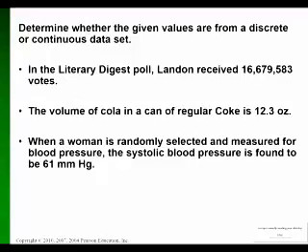I've never taken anybody's blood pressure. I've had it done. I've seen the needle go somewhere and stop. That needle, even the very motion of the needle, can't just stop here or here or here. It can stop anywhere in between. That's a continuous scale. The word measurement is the giveaway, but I wouldn't put that on a test because I feel like you almost have to know something about blood pressure to get that one.